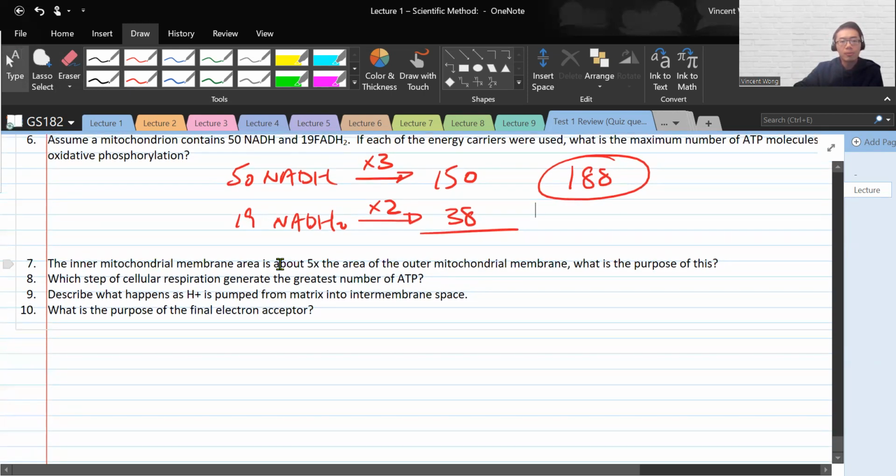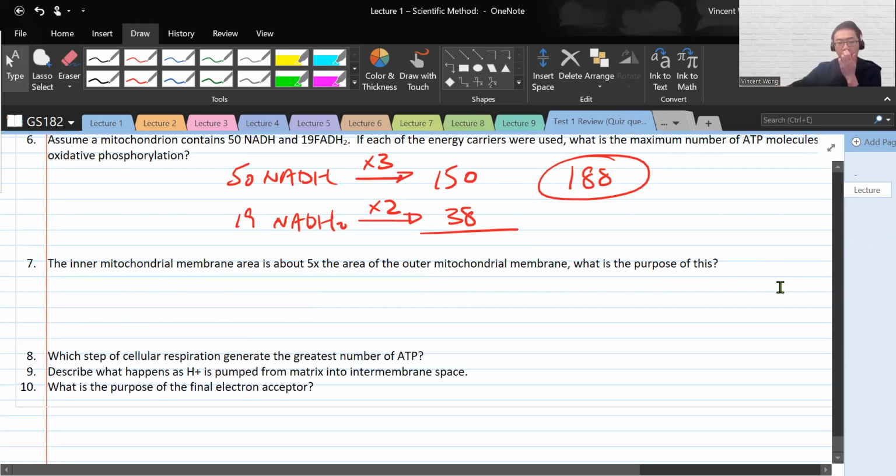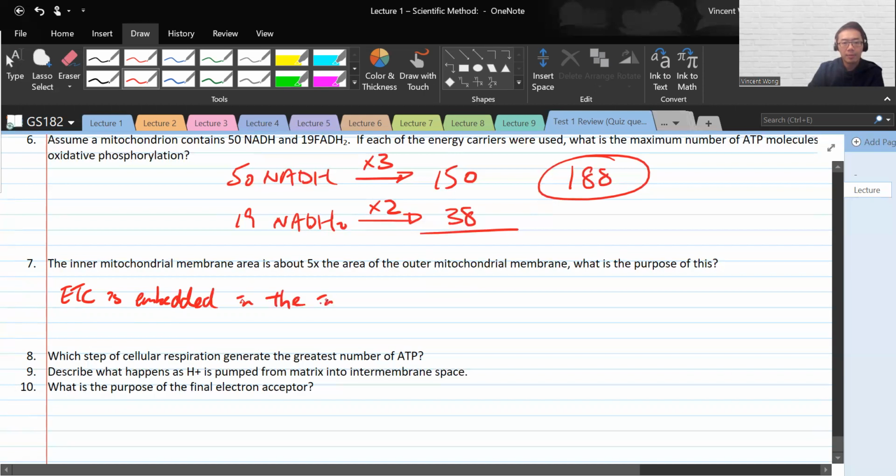The inner mitochondrial membrane is about 5 times the area of the outer membrane. What is the purpose of this? Well, the ETC is embedded in the inner membrane. More surface area equals more ETC, which equals more ATP.